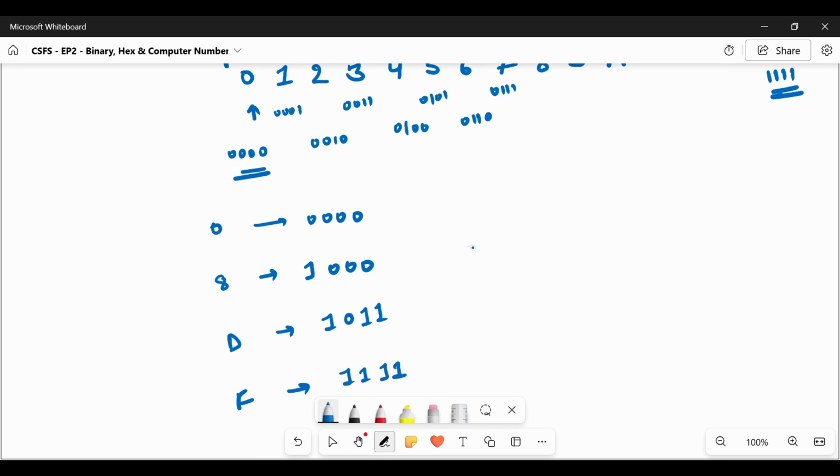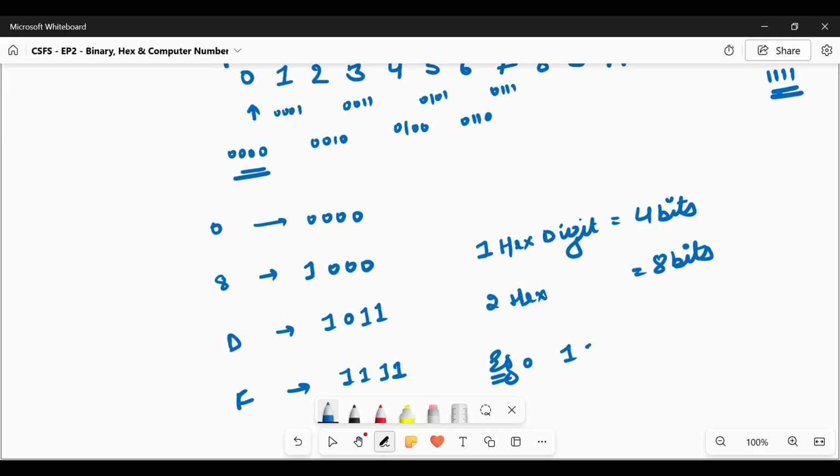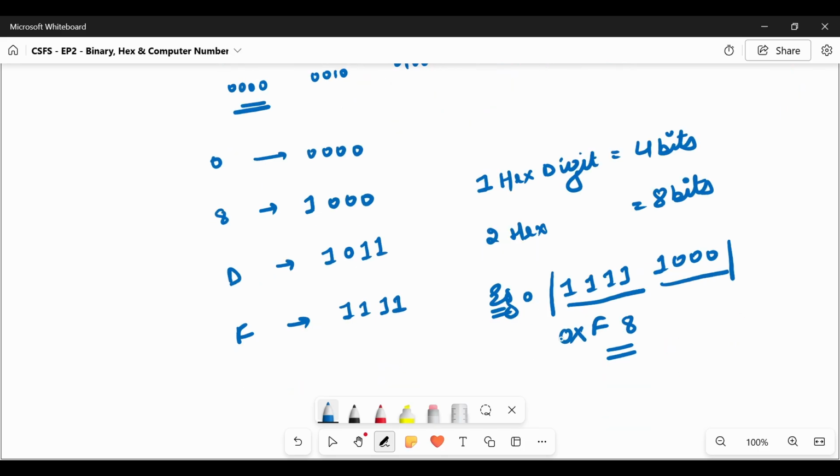So one hex digit is 4 bits, two hex digits are 8 bits. When we convert 1 1 1 1 1 0 0 0, it becomes F and 8. So this large 8-bit value becomes F8, or we use 0x to represent hexadecimal format. So it becomes so easily understandable.